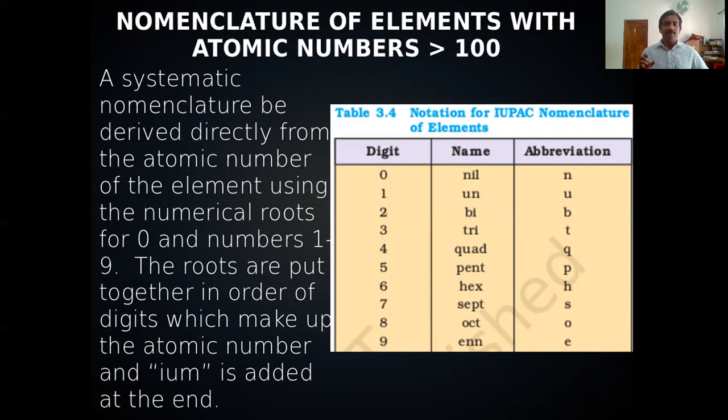The name is derived directly from the atomic number of the element. That's the first one. And for this, we will use numerical roots.